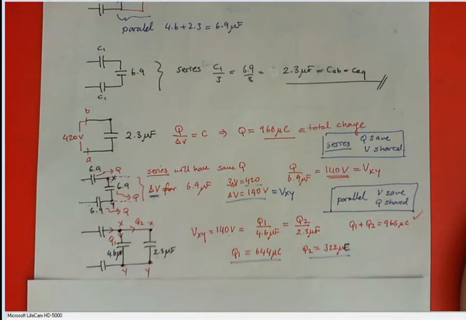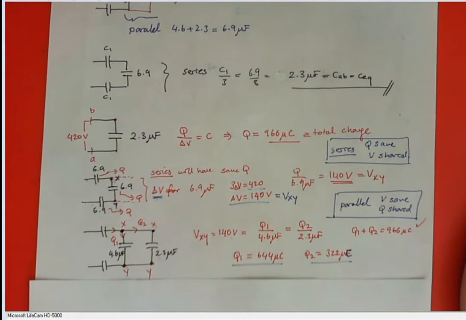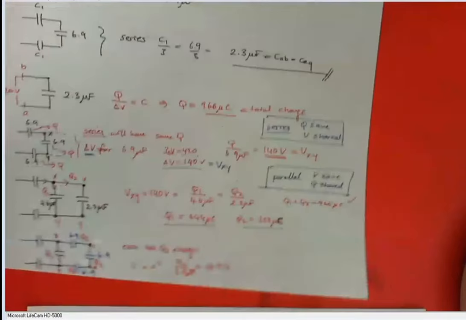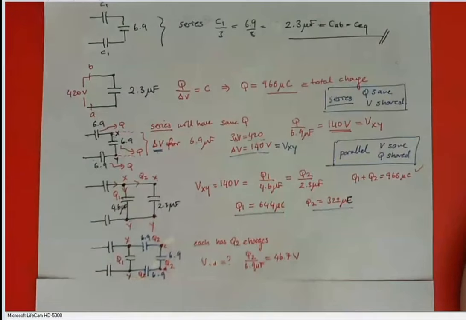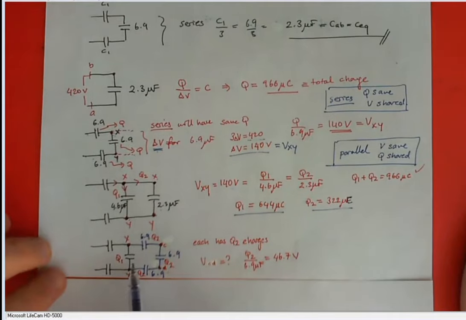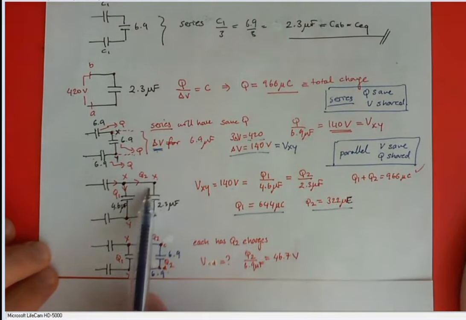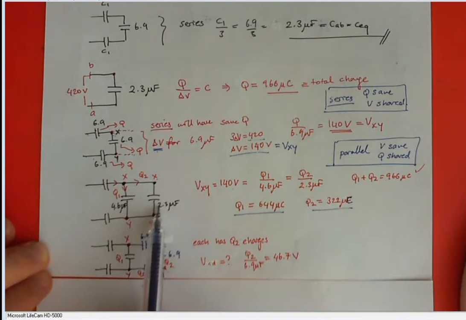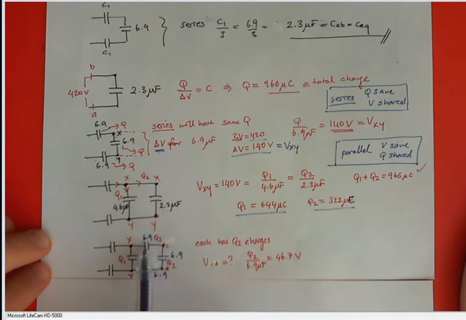Okay, so we have one more step to go, and I'm going to go to the next. Remember how we figured this out: this was the equivalent of the three capacitors which are in series.